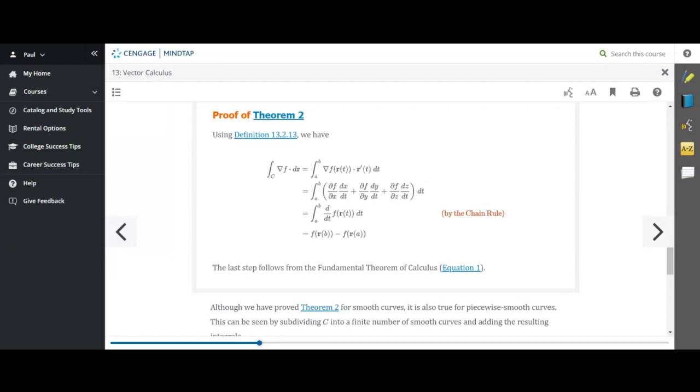So you see, you're evaluating the work here, but when you evaluate the work, the fundamental theorem of line integrals says that the work is evaluated just by taking the difference of the function values at the initial point and terminal point of the path. It doesn't matter what the path does.